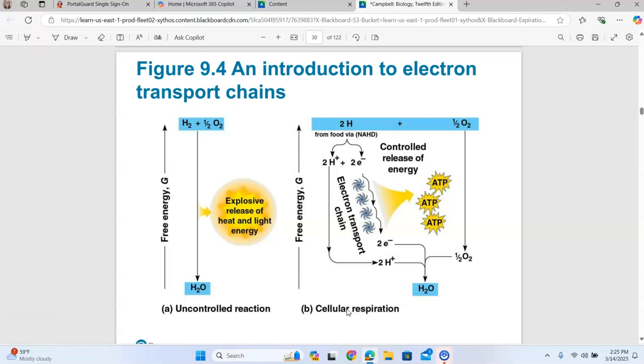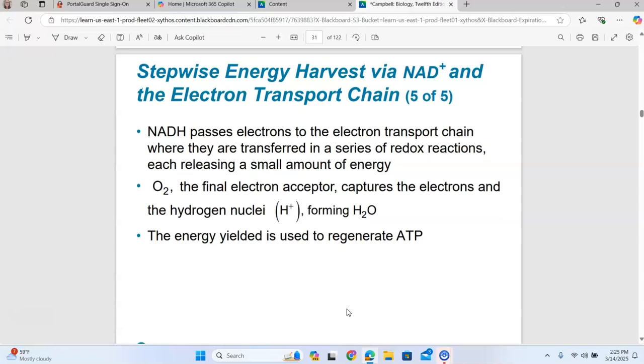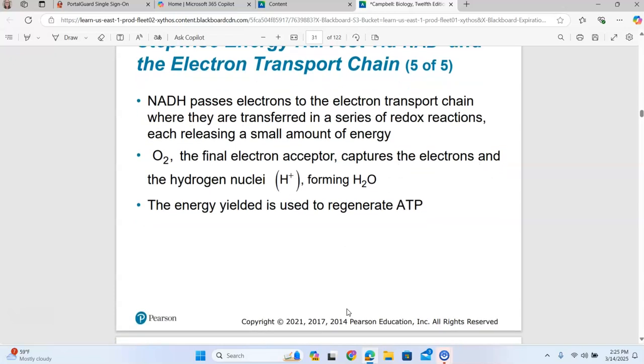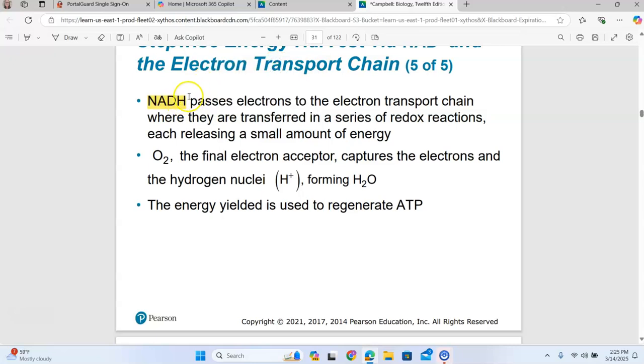So the movement of the electron is going to be used to generate ATP during the last step of cellular respiration. So basically how this works is that NADH, which contains hydrogen atoms, passes the hydrogen atoms.